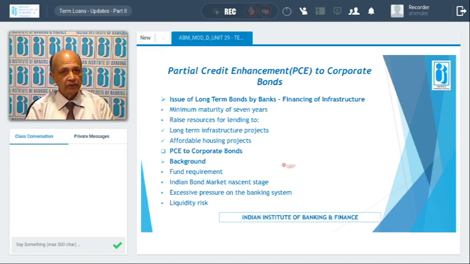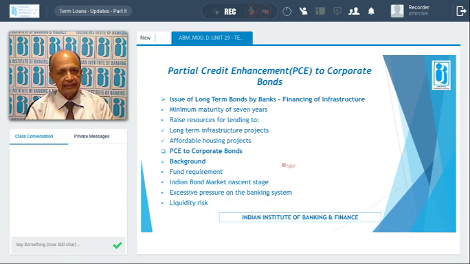Because of the maturity mismatch, long tenor loans should be provided, and not every bank can provide them.